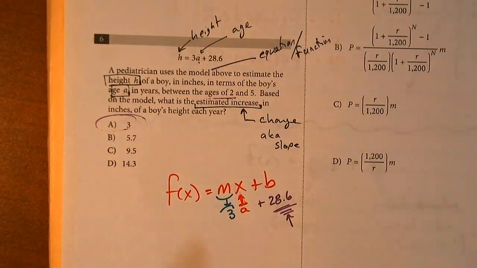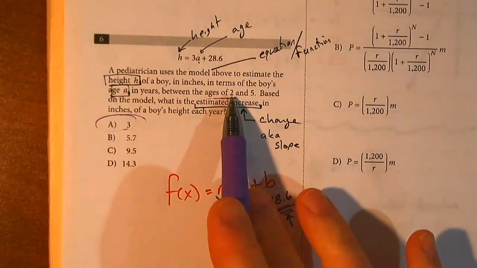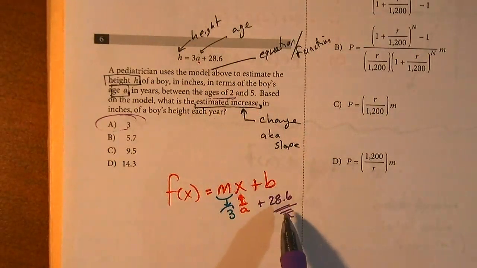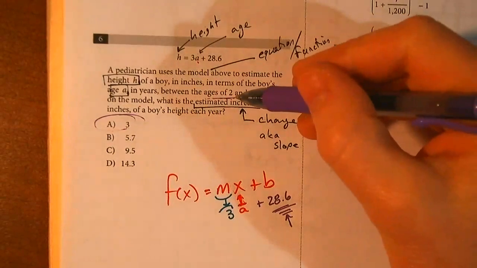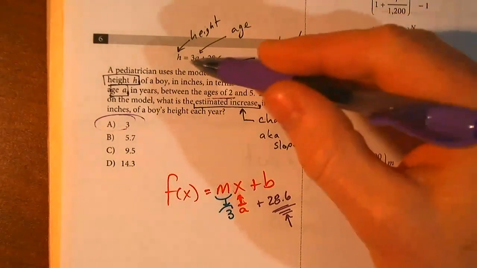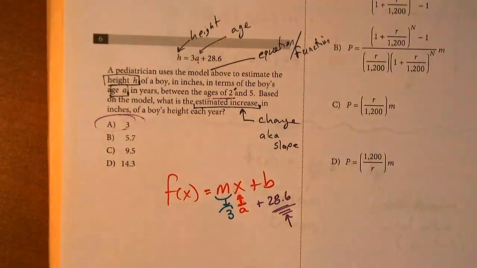Or in some formulas, this doesn't give us details, you have to modify things slightly, maybe that's how tall the baby was when it was born. Now that would be a really long baby. That's probably not the case in this situation, but it probably has something to do with the height or the length of the child at the beginning of this formula. And since the formula begins when the child is 2 years old, it probably has something to do with that.